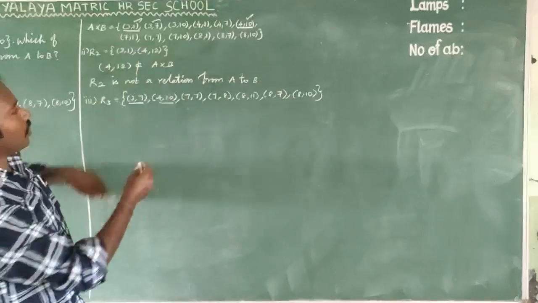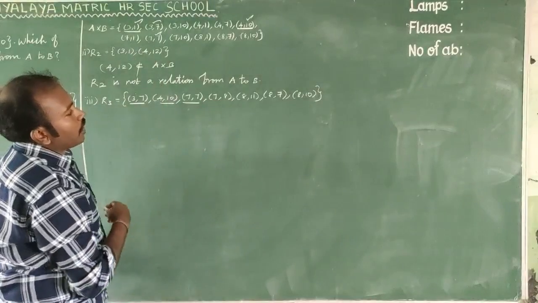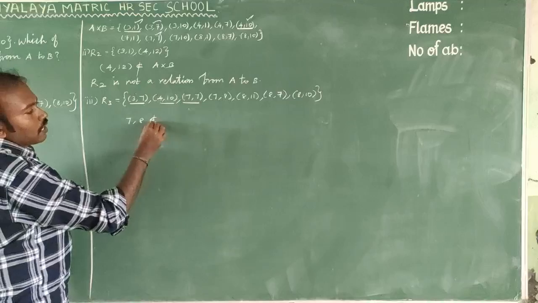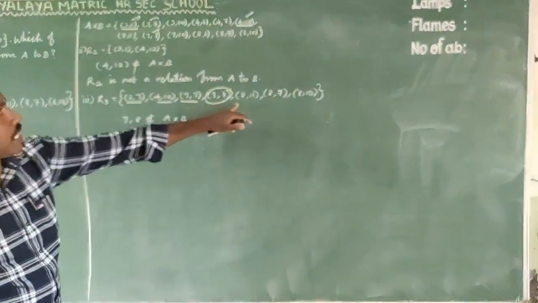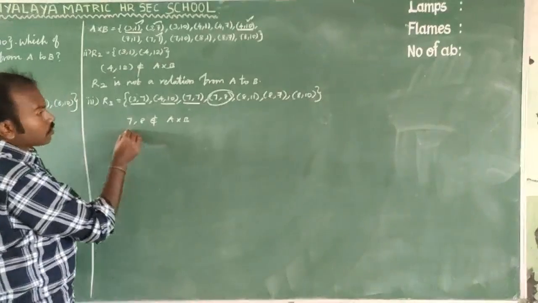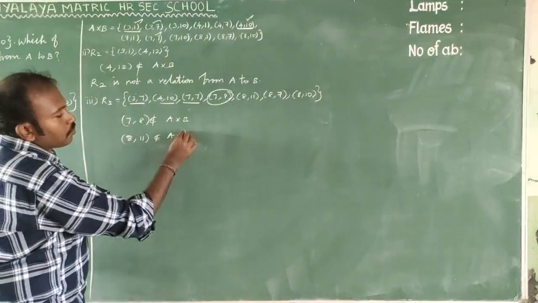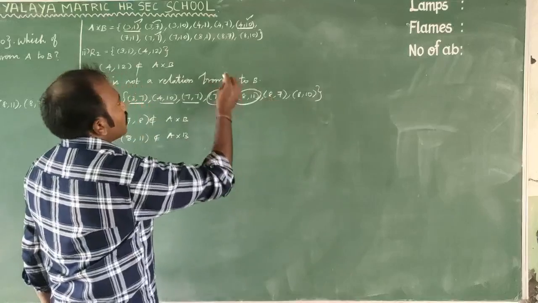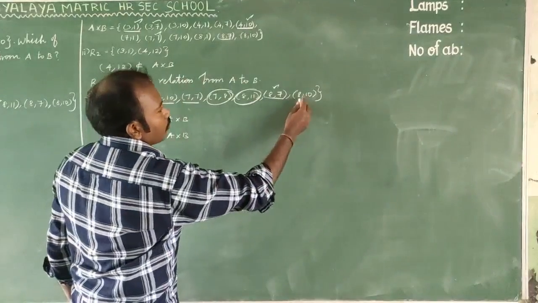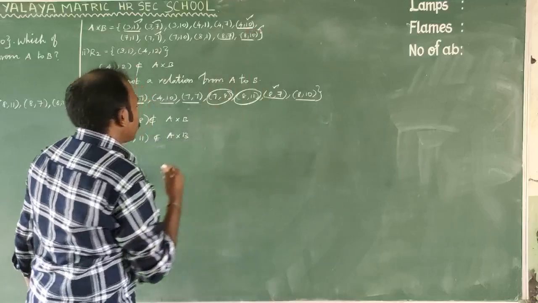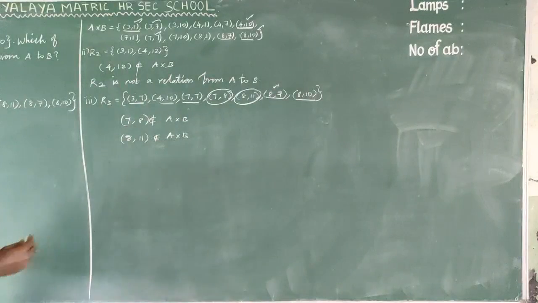Next (7,7) belongs to A cross B. Then (7,8) does not belong to A cross B. Then (8,11) also does not belong to A cross B. Then (8,7) belongs to A cross B, and (8,10) also belongs to A cross B. So (7,8) and (8,11) do not belong to A cross B.